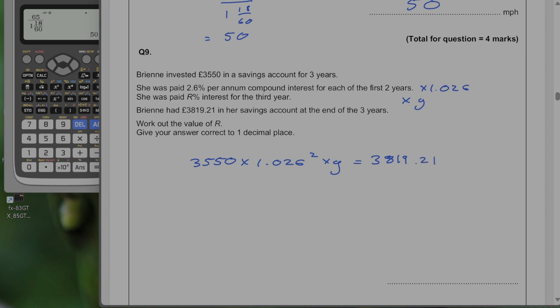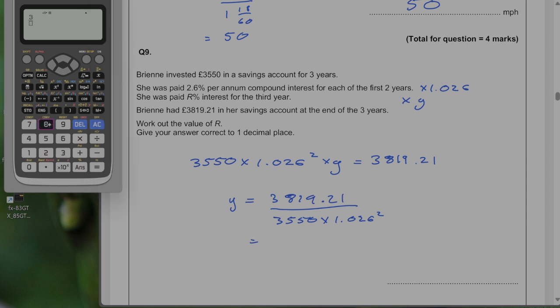So I'm just going to jump straight to saying then that Y is going to be equal to £3,819.21 divided by 3,550 times by 1.026 squared.